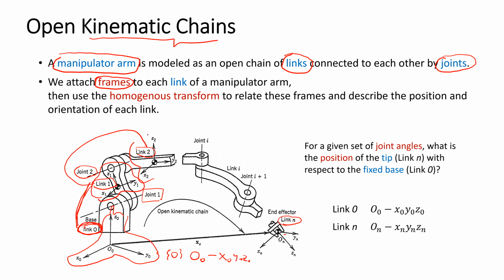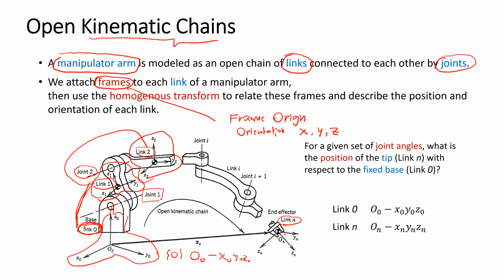For link 2, we attach the frame 2 on the robot link. But today, we will learn how to attach the frame to the link. What should be the position of the frame origin? And what should be the orientation of the frame, which means the X, Y, Z direction of the frame?